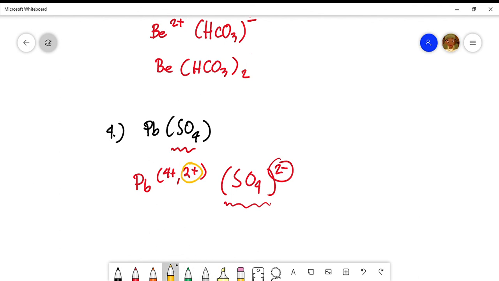Therefore, we name this first as lead, positive 2, this is Roman numeral 2, sulfate.